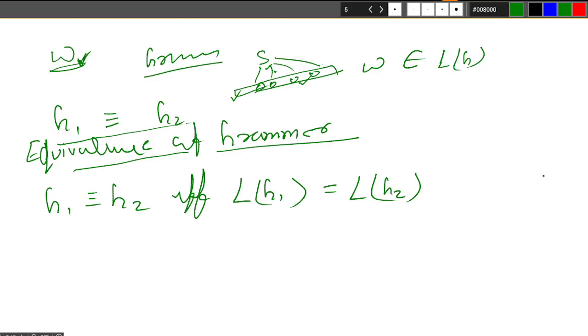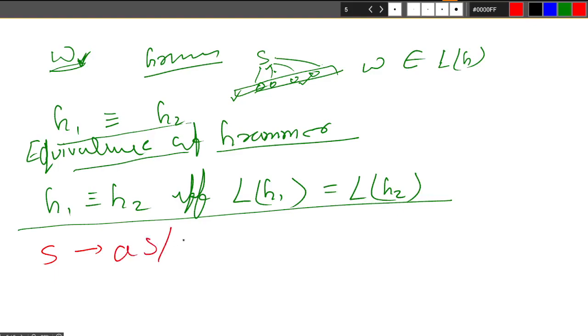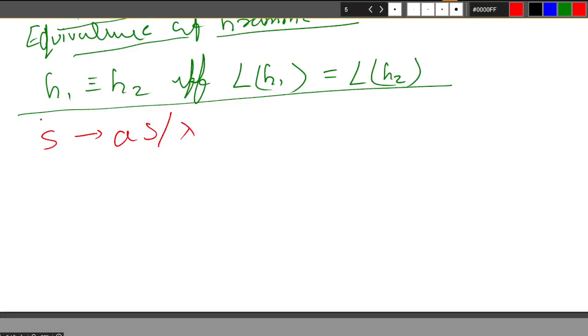Now let us talk about some examples. Suppose I have a grammar S gives AS | lambda. What does it mean? It means I can have any number of a's, or lambda also.